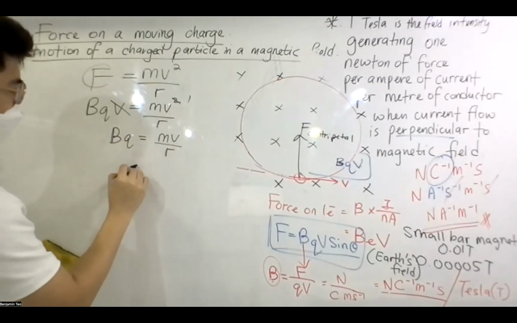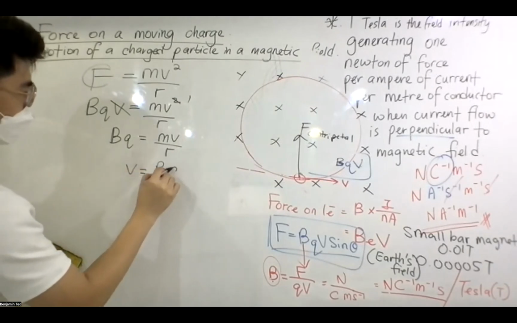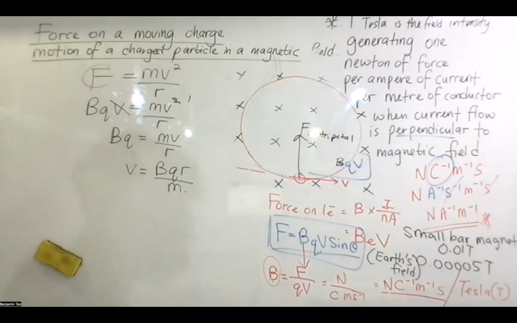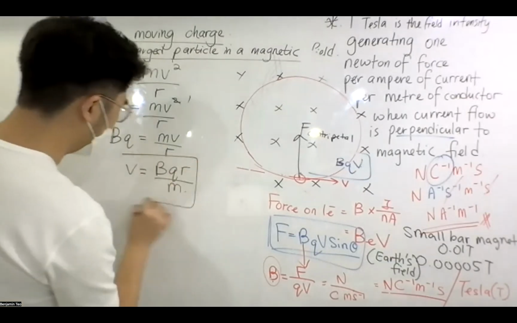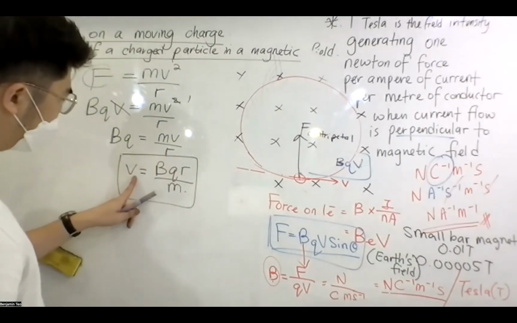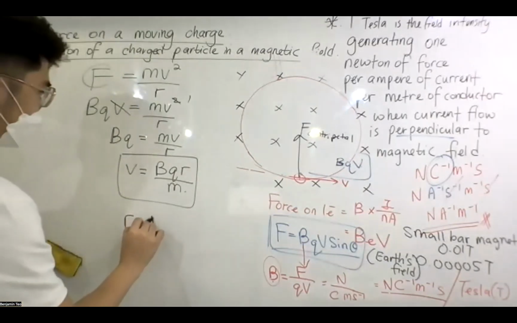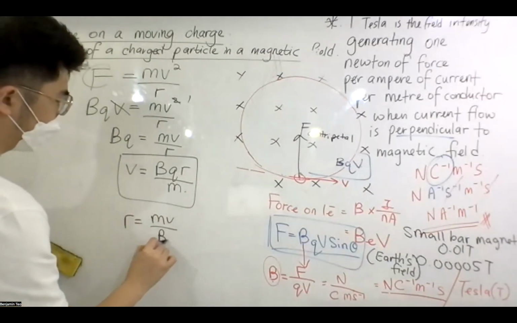So V equals BQR over m. This is a very useful formula because you can make V in terms of all this. You can also make R in terms of all that. R equals mv over BQ.